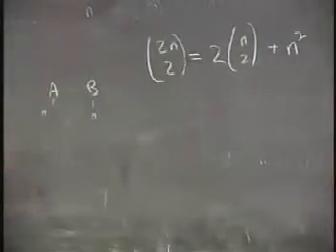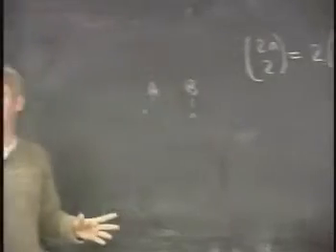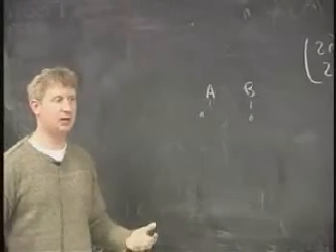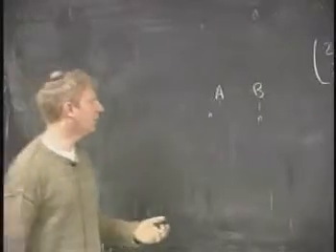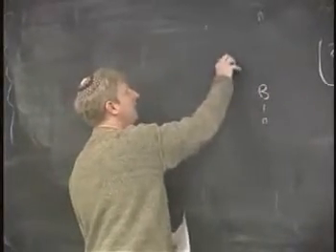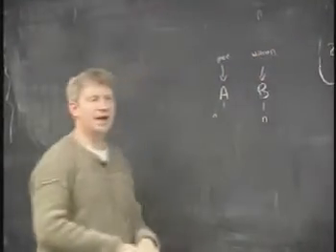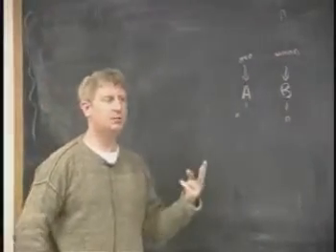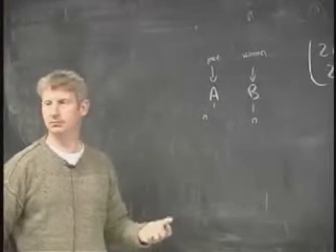Let's do it. I got 2n things. I have to choose 2 out of here. I'm going to divide up the possibilities into the following categories. Let's make this a little more motivated. Okay, so I got 2n people. Half of them are men, half of them are women. I got to decide whether I'm going to pick 2 people of the same gender or 1 of each gender for this committee.